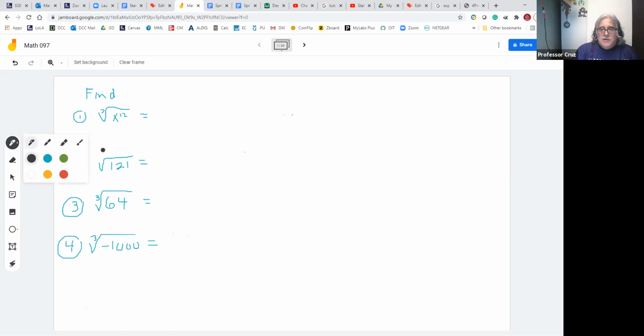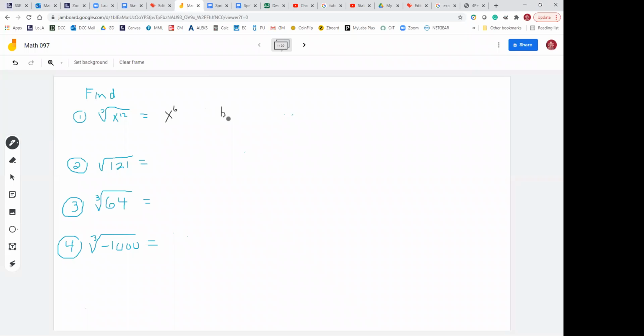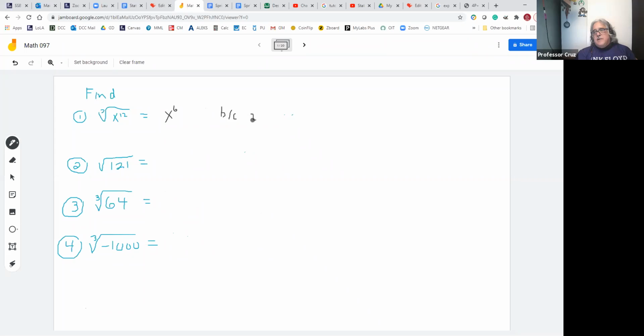The square root of x to the 12th, what would that end up being? 2 into 12 goes 6 times. Yes, because x to the 6th squared is x to the 6th plus 6, which is x to the 12th.